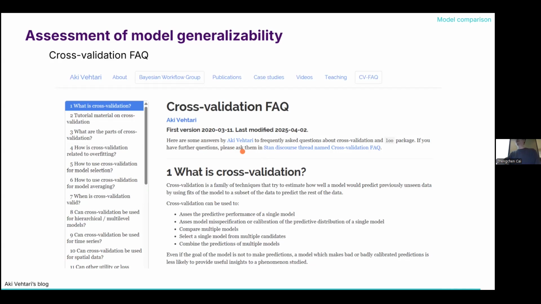For instance, here in loo, what we care about is what we call the expected ELPD, expected log predictive density. So you have your posterior estimated, you put in the new data, and it will tell you where it is, how likely it is, which is just one vertical line on the distribution, right?